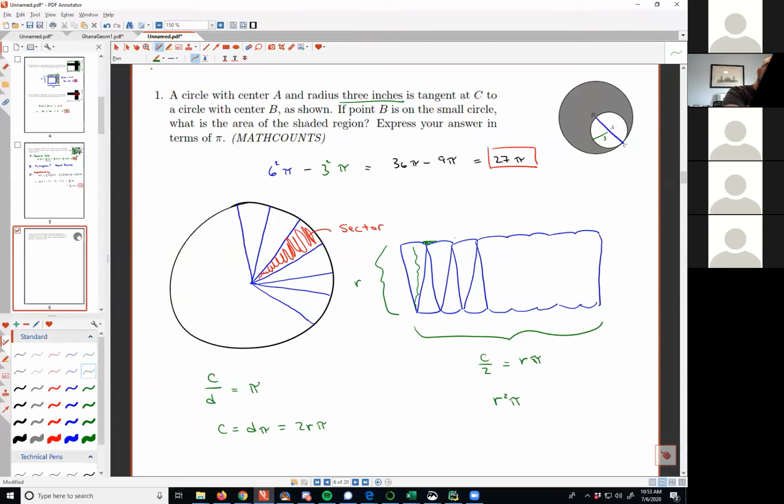It kind of goes down and dips in to these pieces right here. But the finer we chop these sectors up, the more of them that we use, the closer and closer it gets to an r by r times pi rectangle. And so this does approximate the area. When you get to more advanced math like calculus, you'll see that you can make this rigorous if you want.